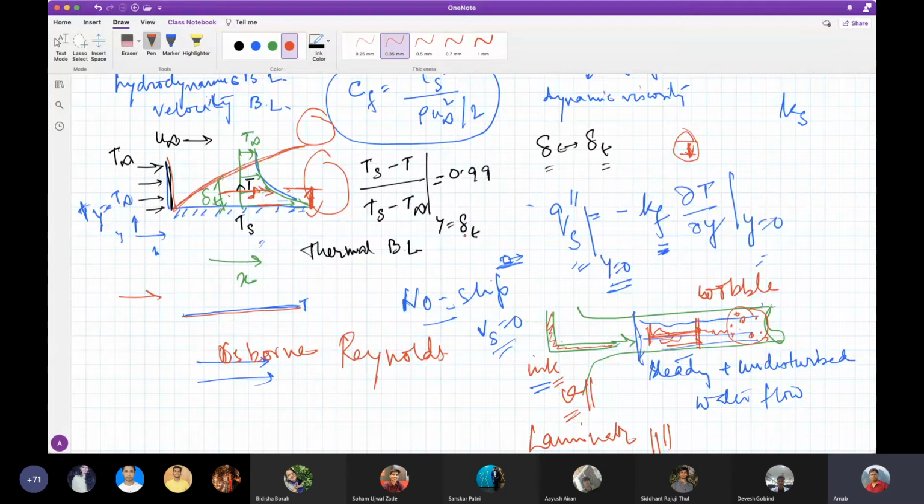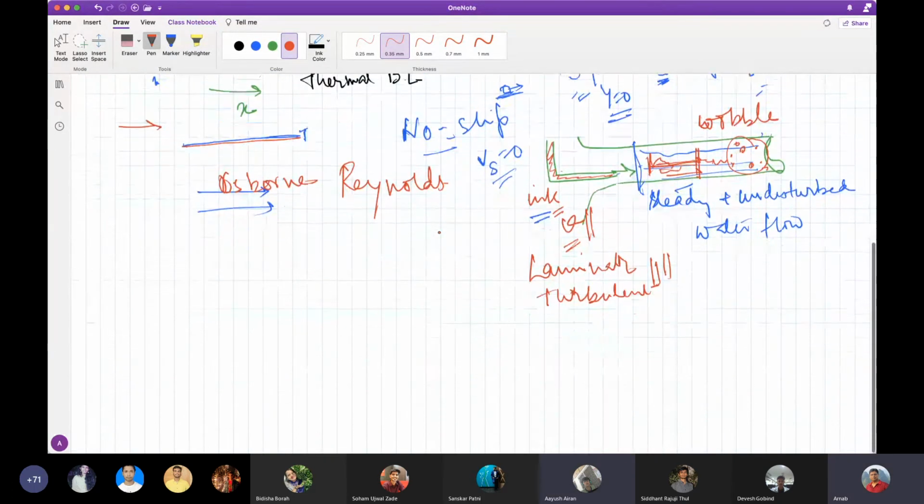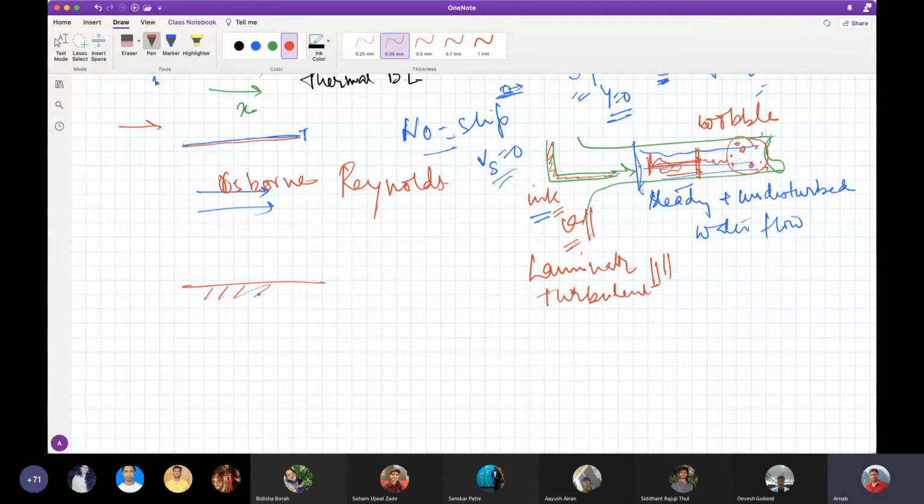And adjacent to the solid surface, it is conduction, and in the boundary layer, it is conduction. Let me once again clear this. Adjacent to the surface, the heat transfer with the liquid is by conduction.